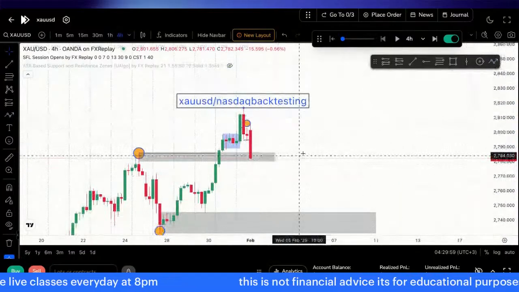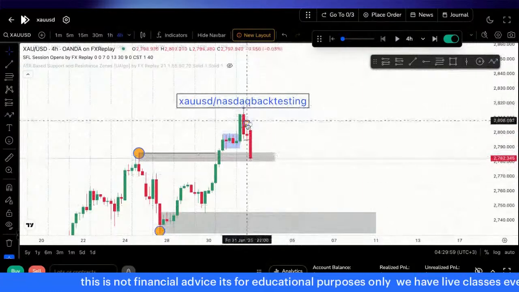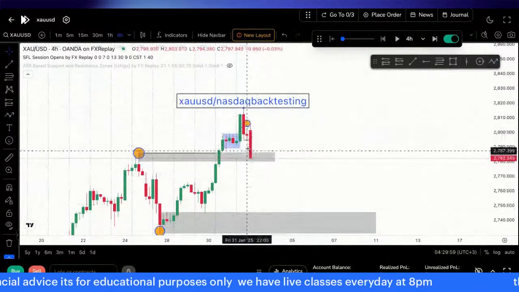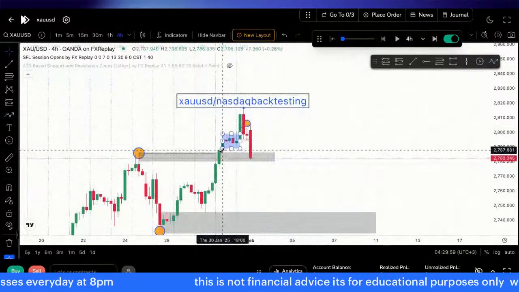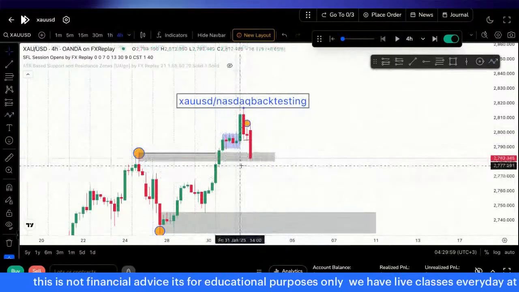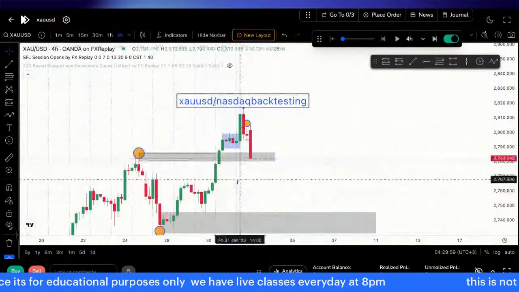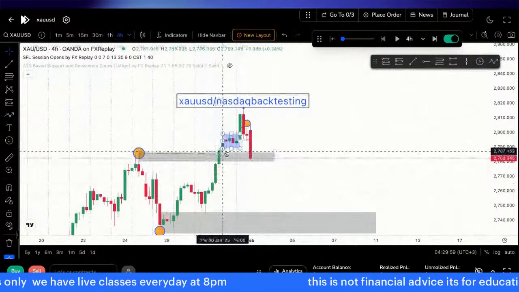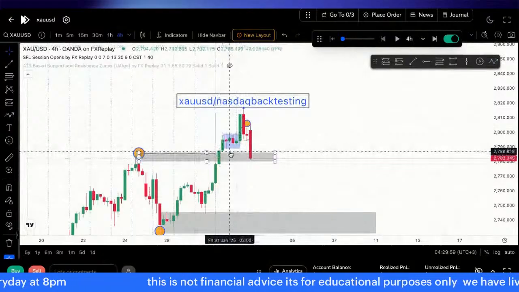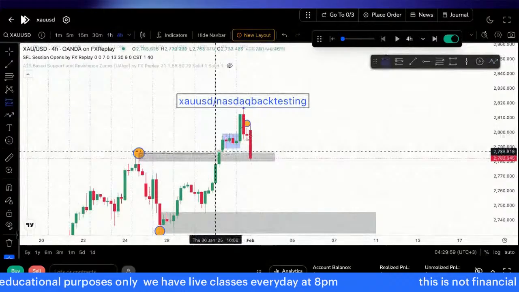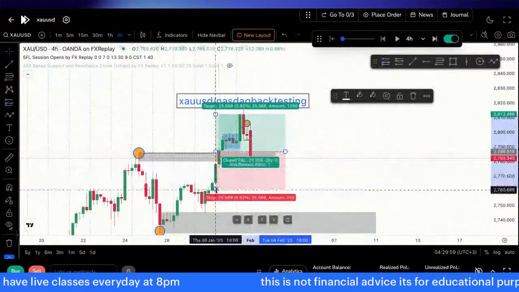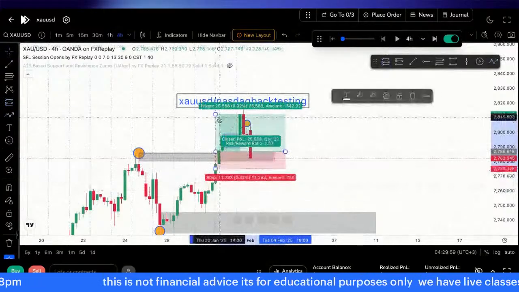Normally, a pullback is coming to liquidate traders. The breakout traders who trade support and resistance actually have a trade here of this breakout. Maybe they placed their trades at the closure of this candlestick and now their SLs are here.